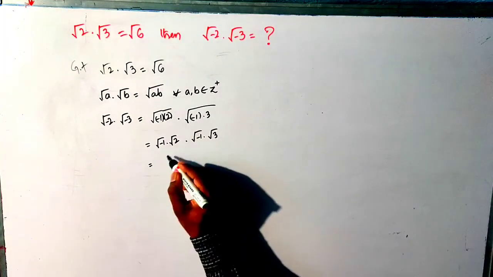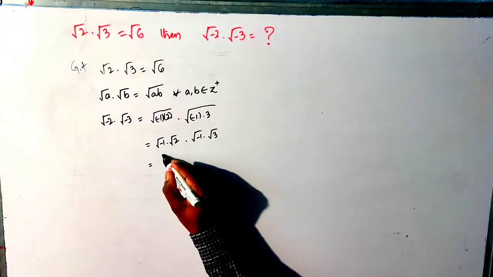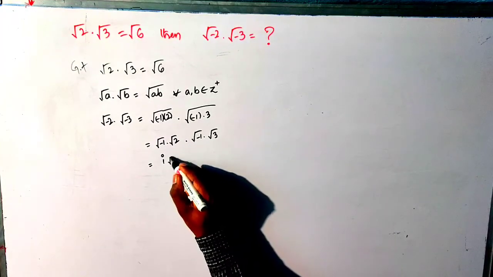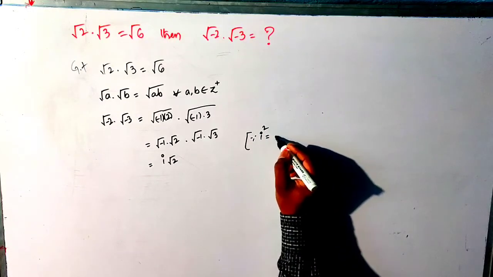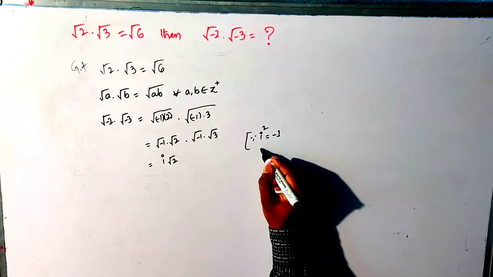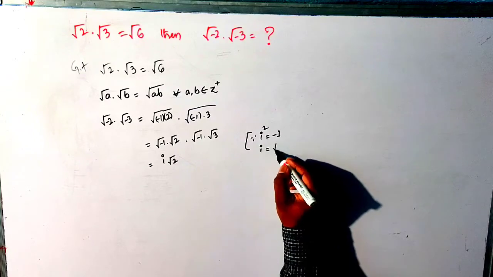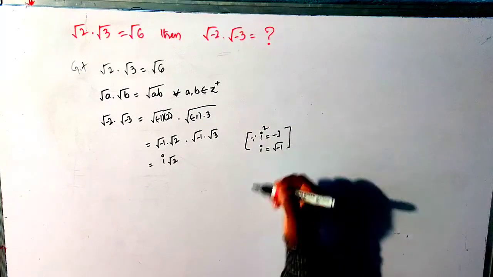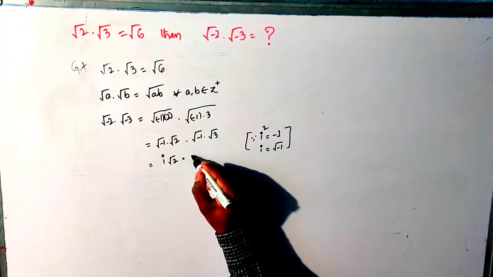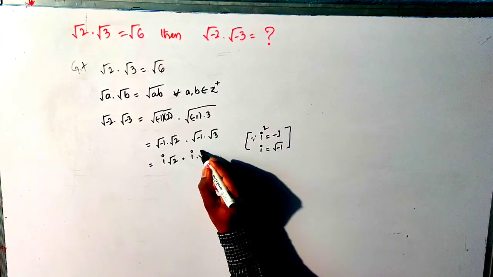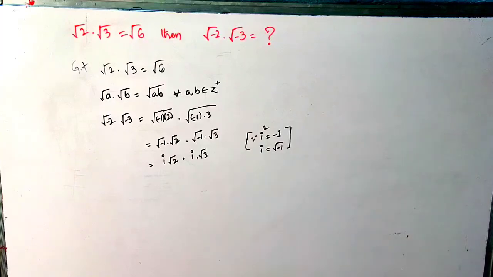Now what do we get here? Square root of minus 1 can be written as i into root 2. Here, i square is equal to minus 1 and i equals square root of minus 1. So square root of minus 1 can be written as i, here also i into square root 3.